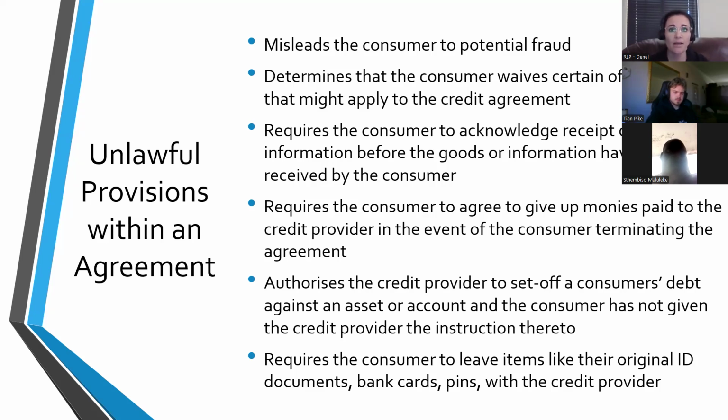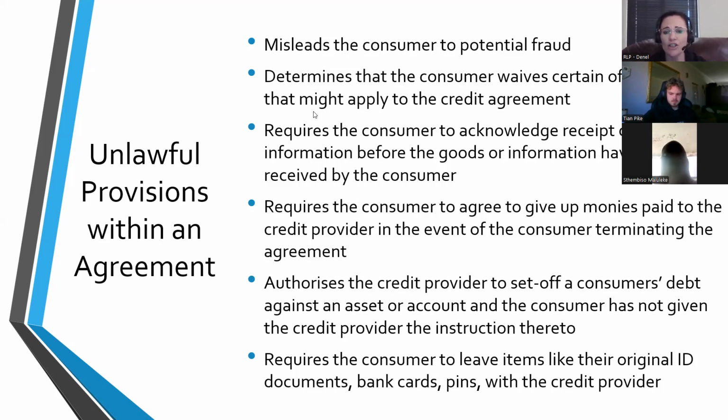Okay. So the different scenarios of unlawful provisions will be if it misleads the consumer to potential fraud, if it determines that the consumer waives certain of their rights that might apply to the credit agreement, if it requires the consumer to acknowledge the receipt of goods or information before the goods or information have been received by the consumer.